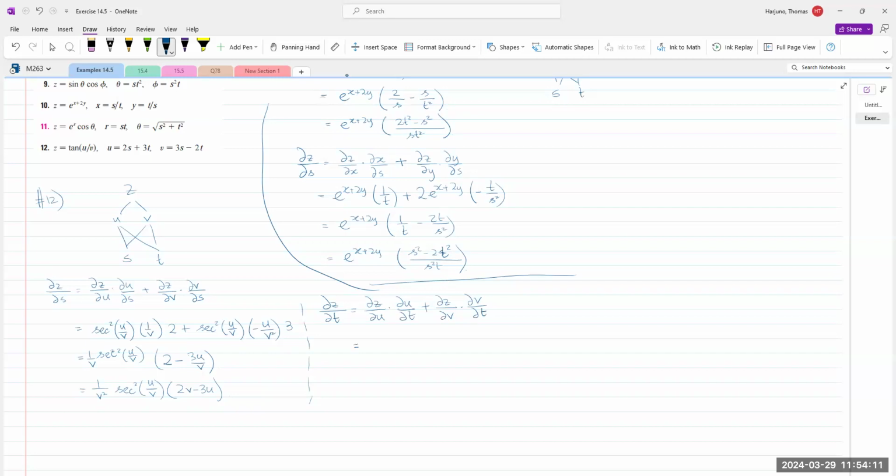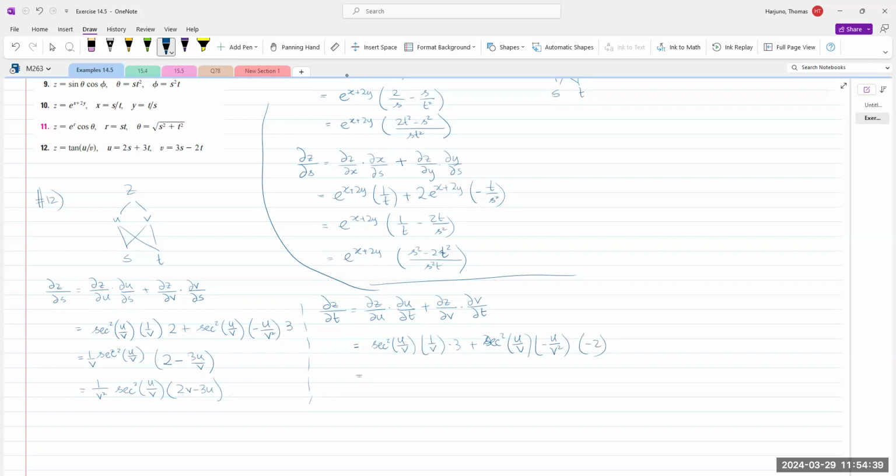This is secant squared of u over v times 1 over v times 3, plus ∂z, that will be secant squared of u over v times negative u over v squared, derivative with respect to t, that's negative 2.